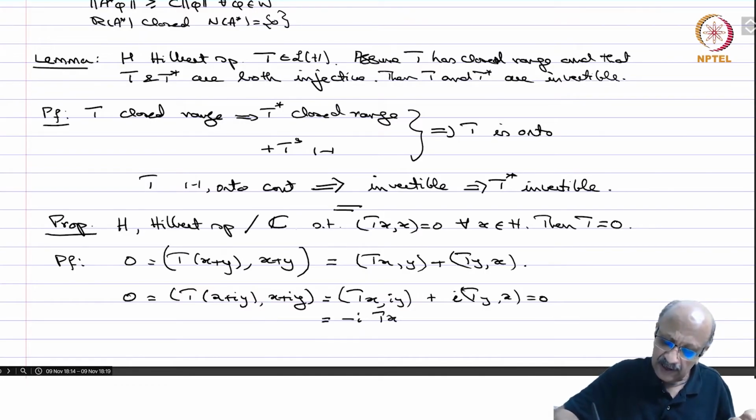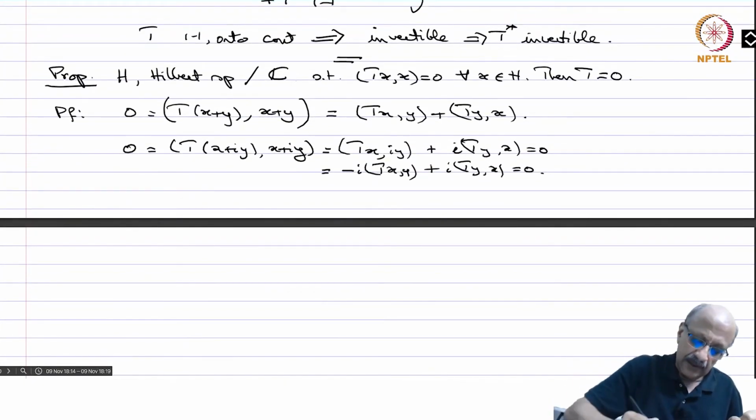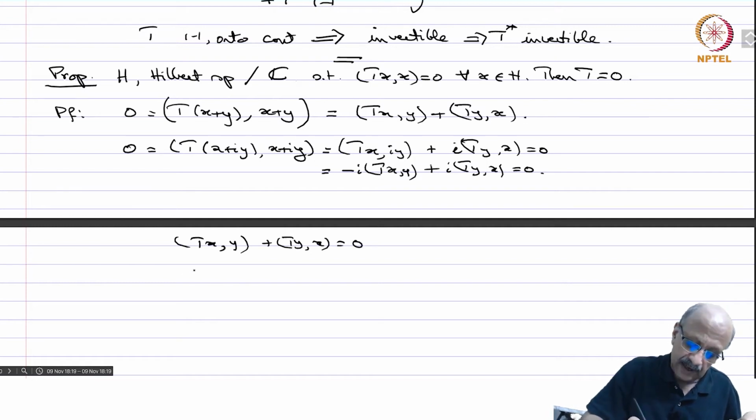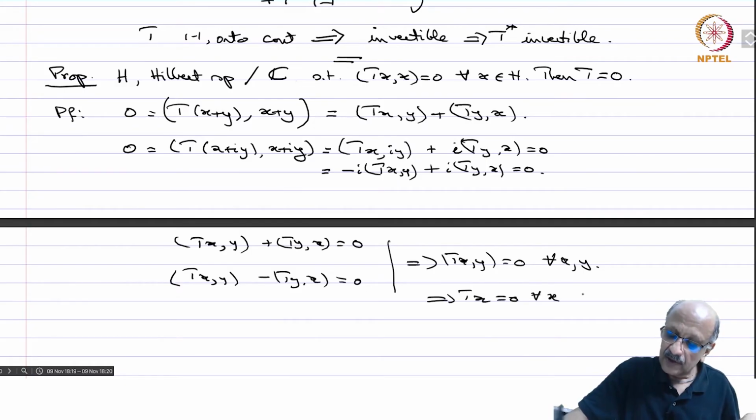So you have minus i<Tx, y> plus i<Ty, x> equal to 0. So from these two you get that <Tx, y> plus <Ty, x> equal to 0 and <Tx, y> minus <Ty, x> equal to 0, and therefore this implies that <Tx, y> equal to 0 for all x and y, and this implies that Tx equal to 0 for all x, that is T is 0.